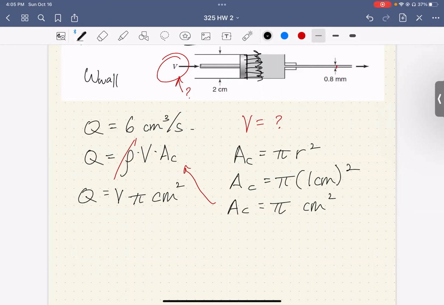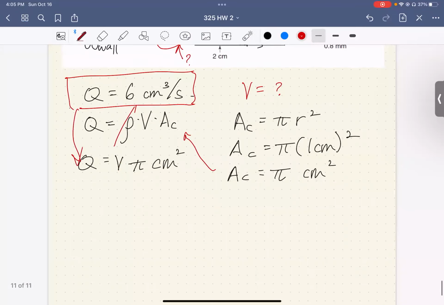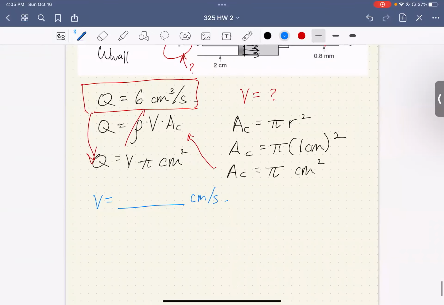Now we can simply put in the value for Q, be very mindful of units, and then solve for V. And since it's velocity, it'll be in centimeters per second. Great, so this would be for part A.